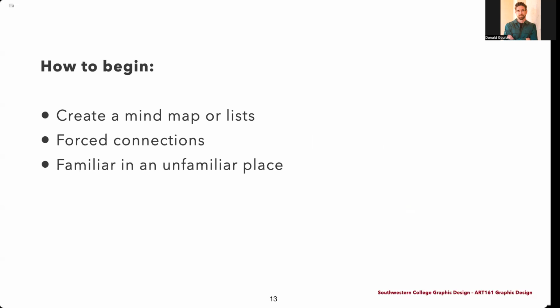You're going to come up with different words related to your concept or your issue or your cause. And this helps us to see these connections between the words and concepts. So when we think about creating a list or a mind map, once we have those, we can start to create these forced connections. And again, put the familiar in an unfamiliar place.